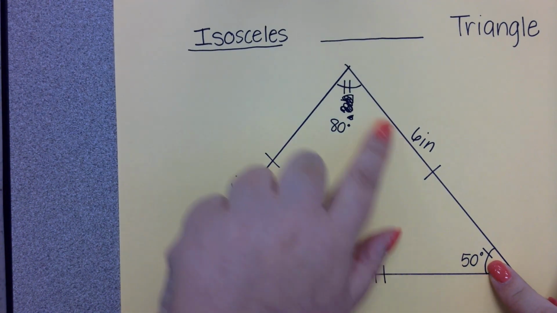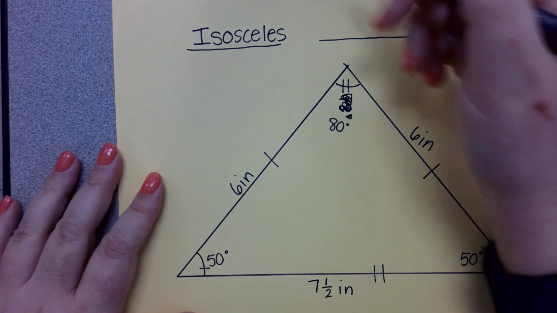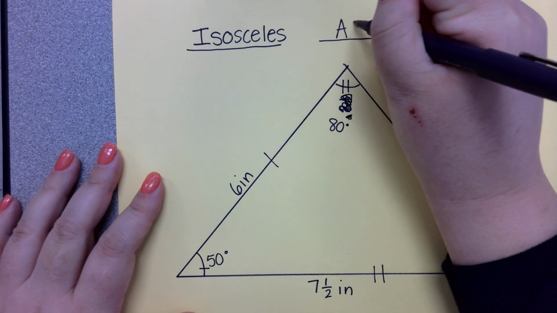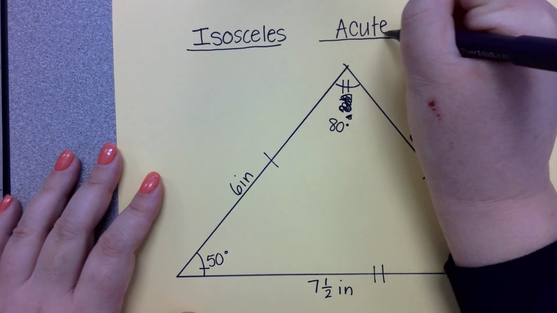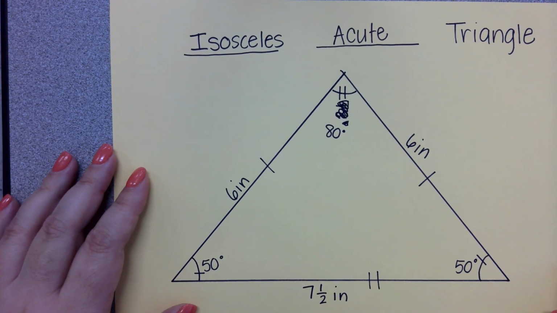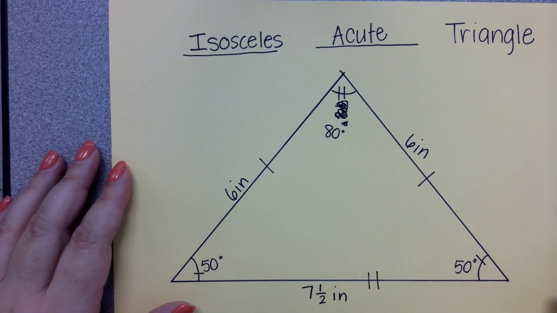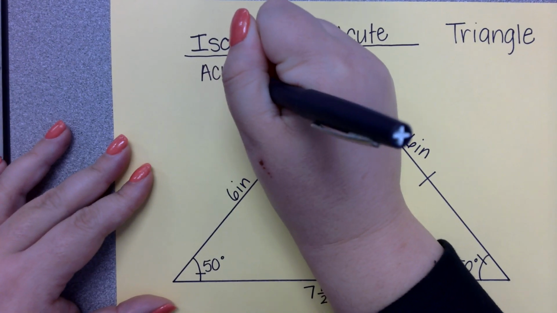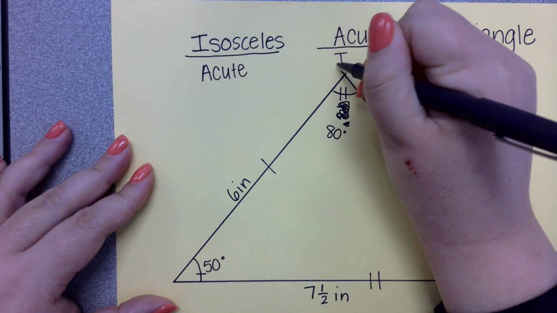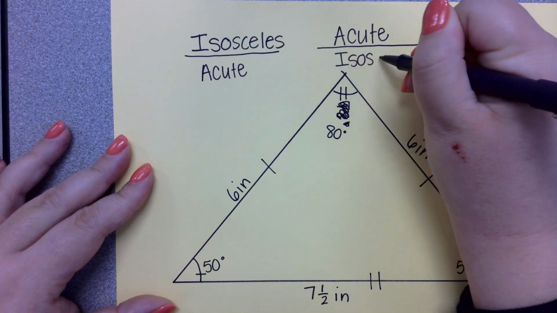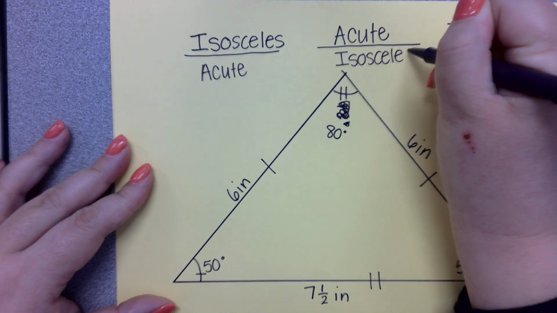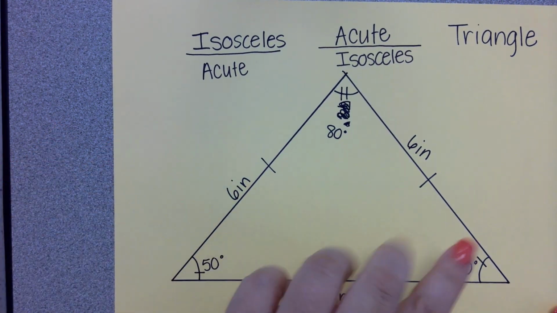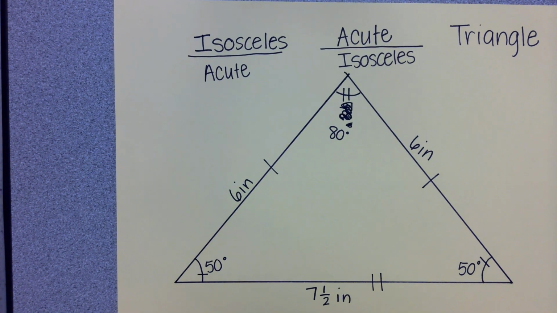And all 3 of these are less than 90, so that means that it is an acute triangle. So this is an isosceles acute triangle. Or it could be an acute isosceles triangle. Either of those are acceptable answers.